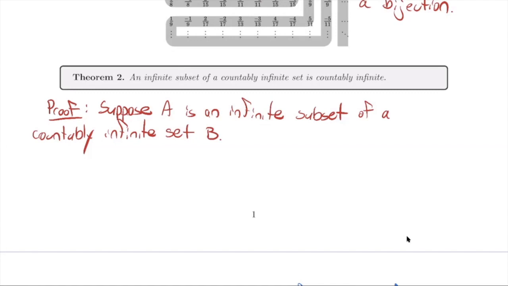So we've got A is a subset of B in this case. So B is the thing that we know is countably infinite. A sits inside of B. We would like to show that A is countably infinite.